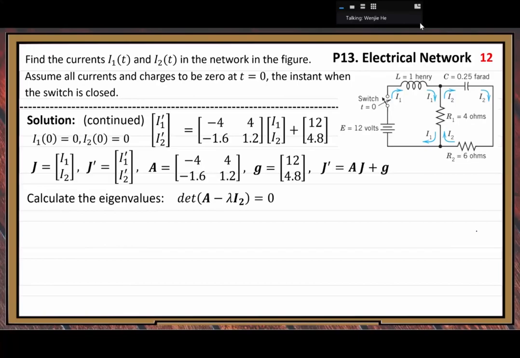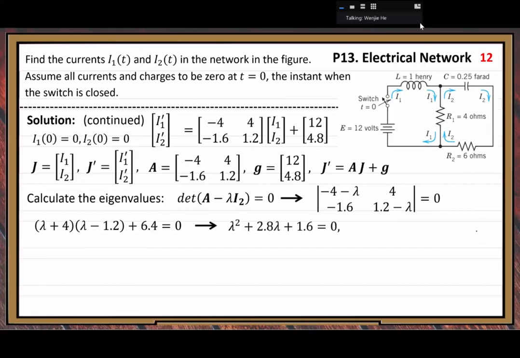Calculate the determinant, this characteristic equation. Apply the determinant formula. After simplification, we get lambda 1, lambda 2, two eigenvalues. Second, we need to calculate eigenvectors.